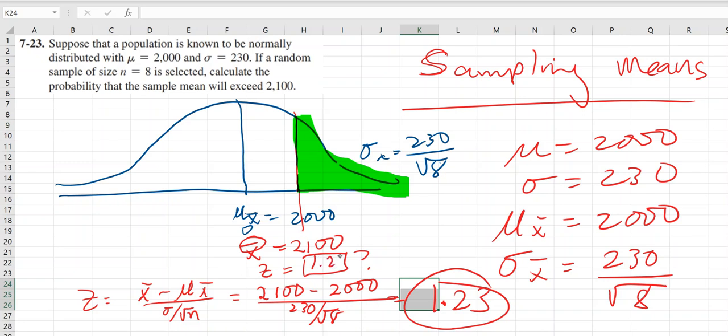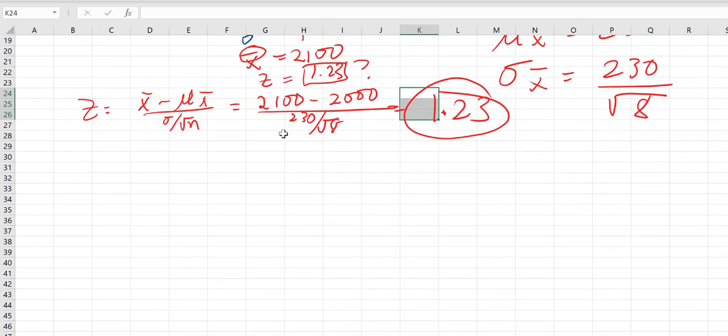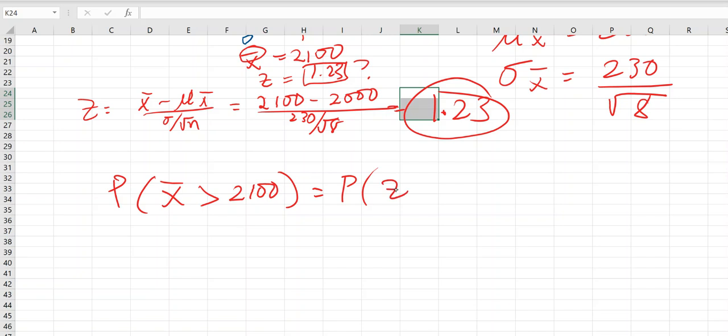Okay. So I know that I'm looking for the probability that z is greater than 1.23. I'm going to scroll down a little bit. The probability that x bar is greater than 2100 is the same as the probability that z is greater than 1.23.